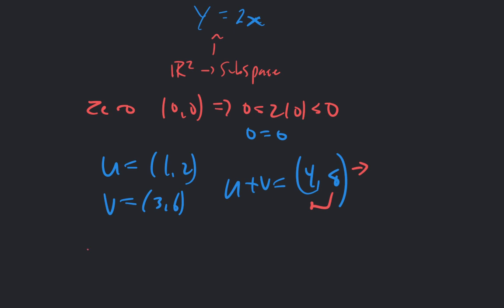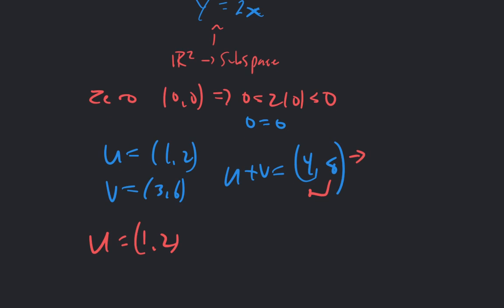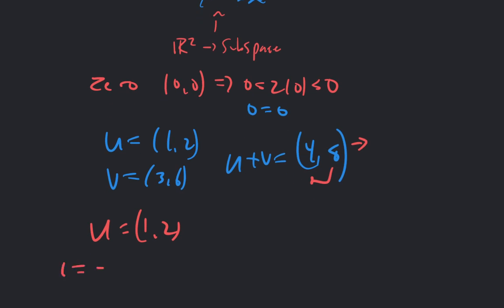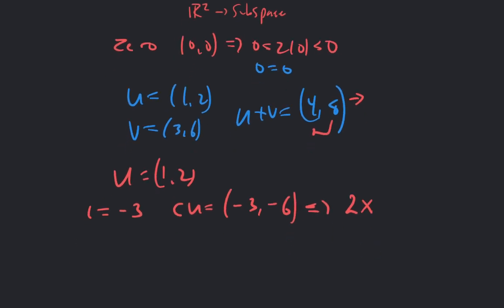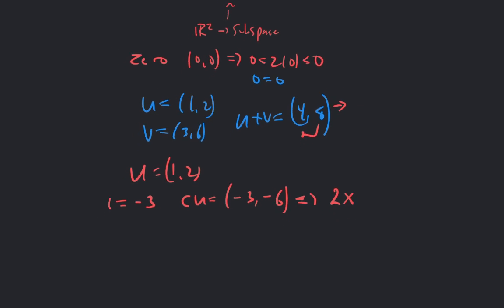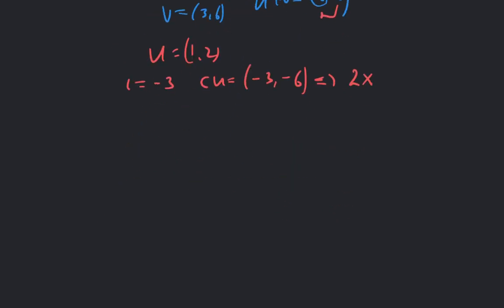We could scale it by a constant. Let's say c is equal to negative 3. And this is also y equals 2x. So it is a vector space, or a subspace, I guess you could say.